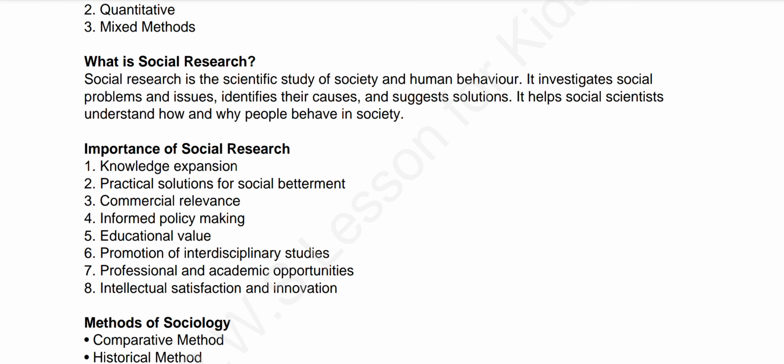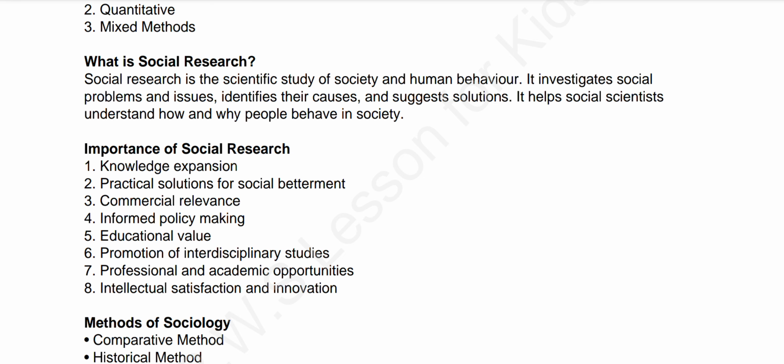The second is practical solution for social betterment. Social research enables us to identify measures that can lead to societal improvements. It investigates complex problems and offers insights into their nature and scope, which can be applied to real world situations.